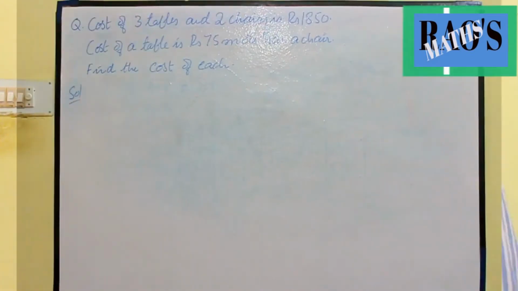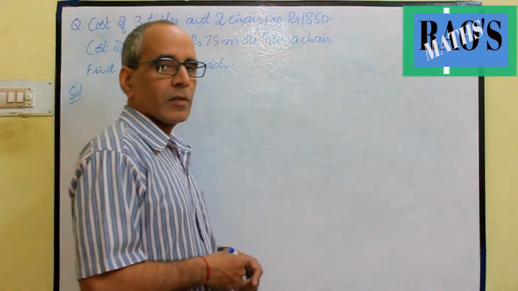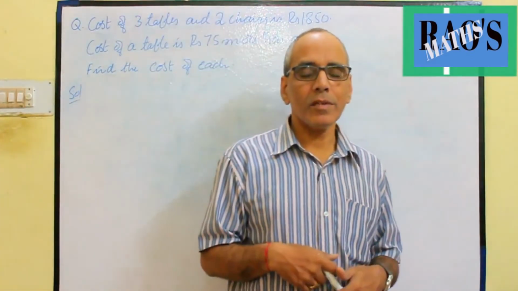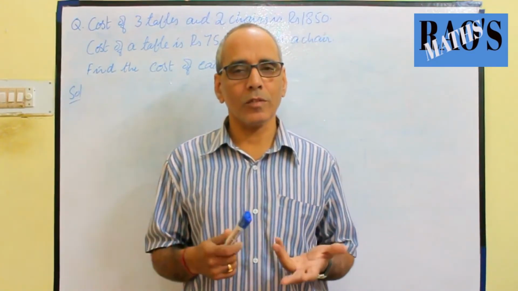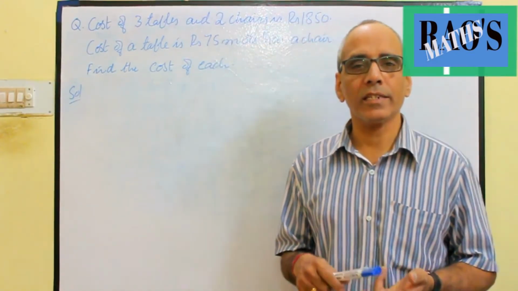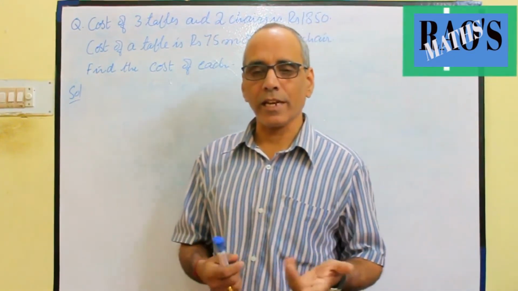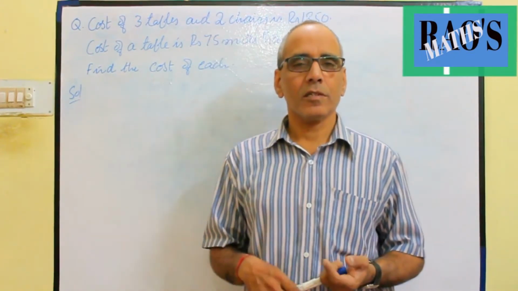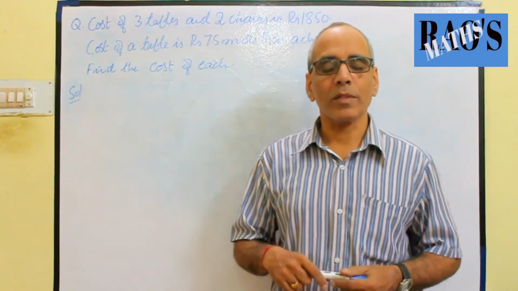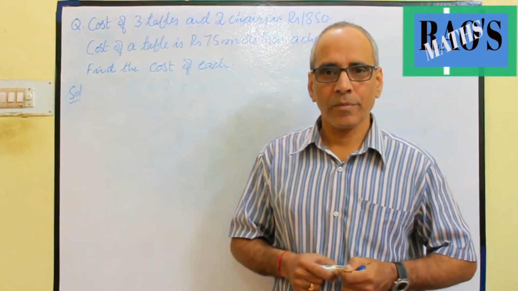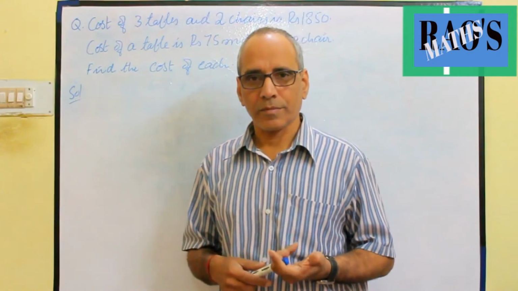One more question. In this question, the cost of 3 tables and 2 chairs put together is rupees 1850. And the connection between the cost of table and chair is the table's cost is 75 rupees more than the cost of a chair. I want the cost of each.